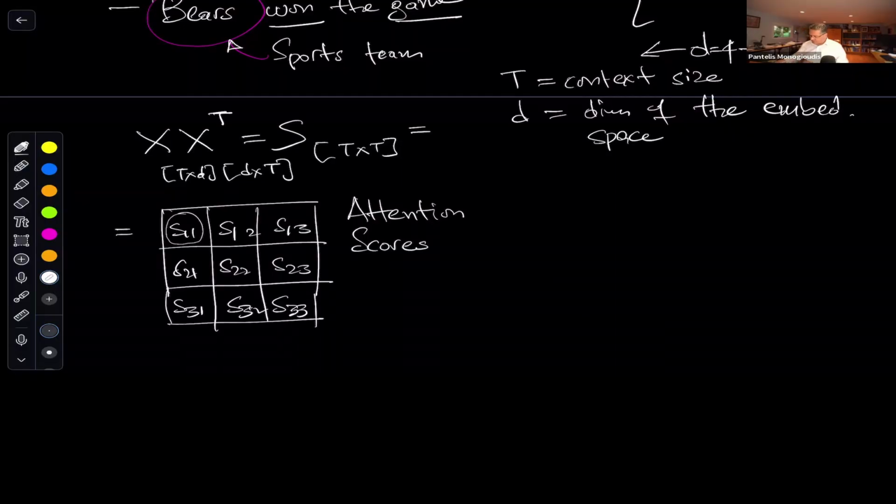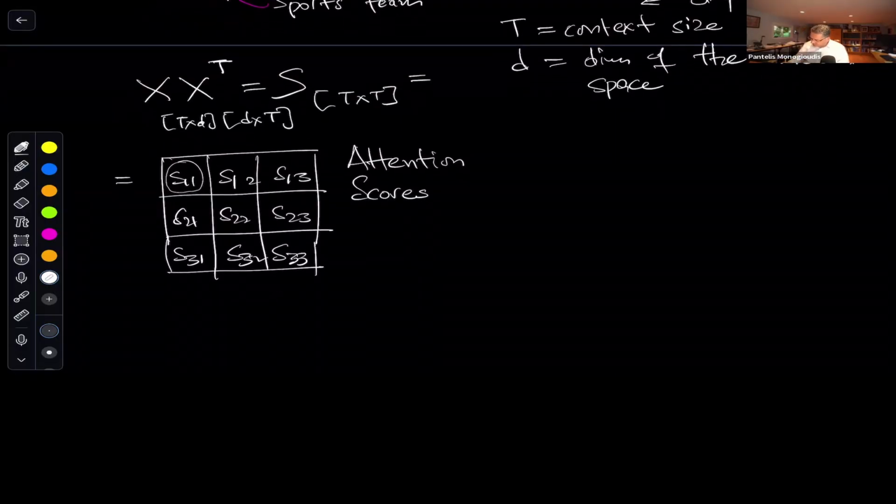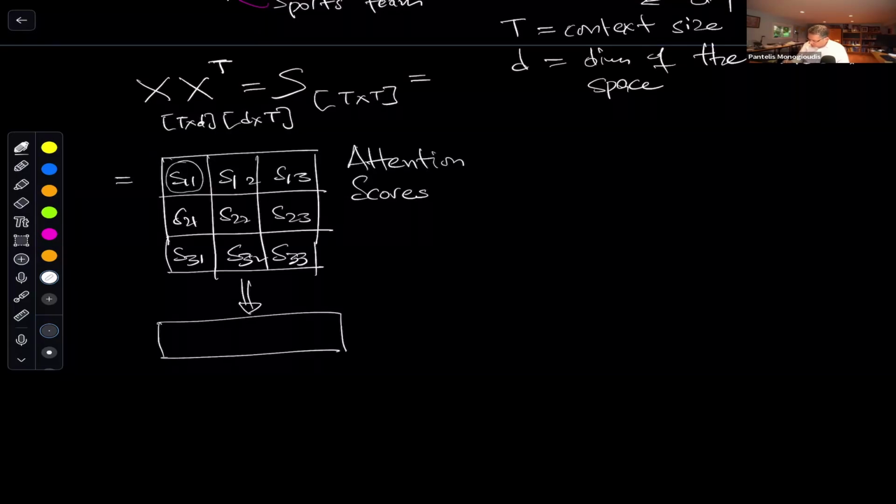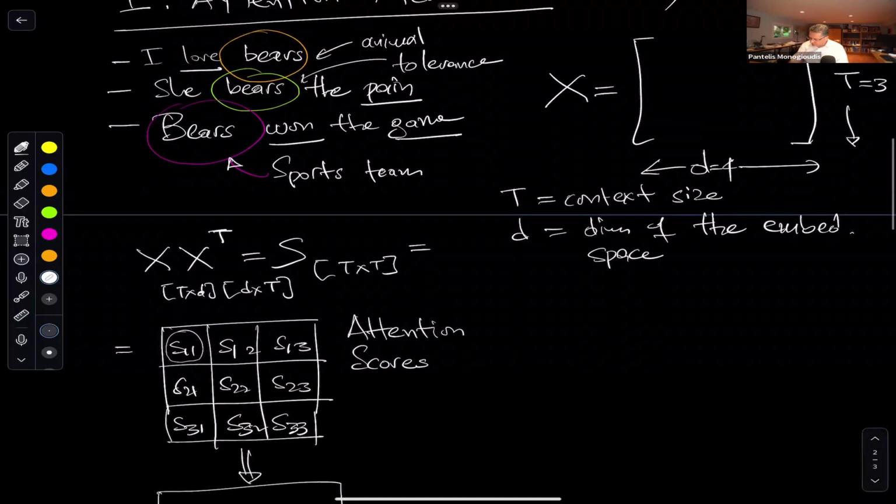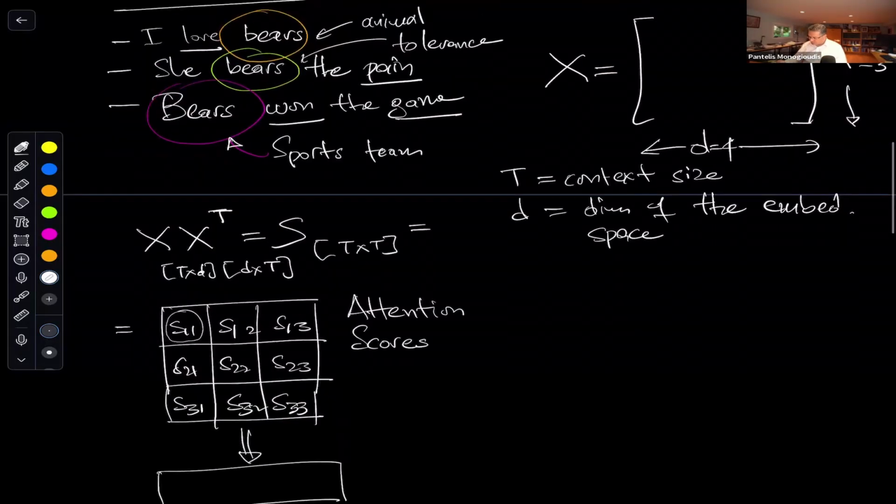And what we will do is we want to have some kind of a ranking at the same time of which of the tokens of the context here is affected mostly by our current content.